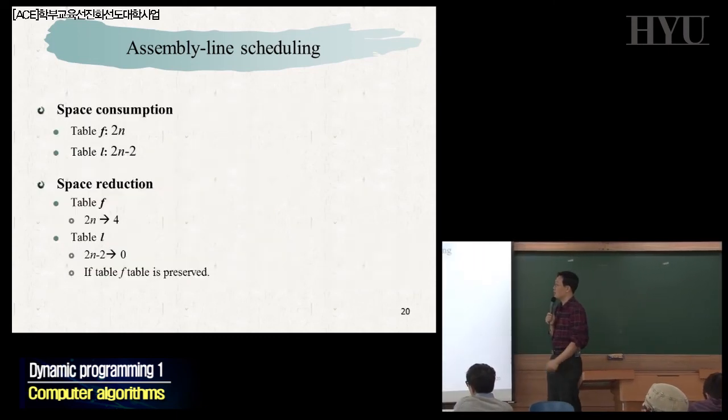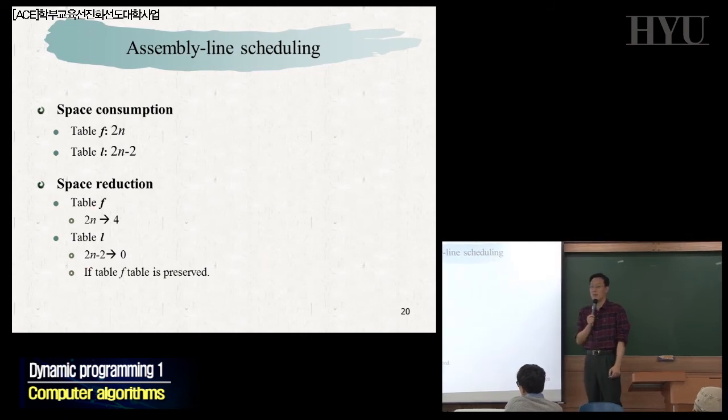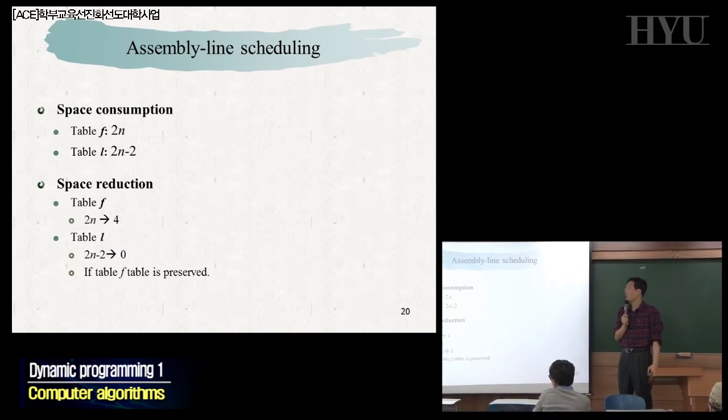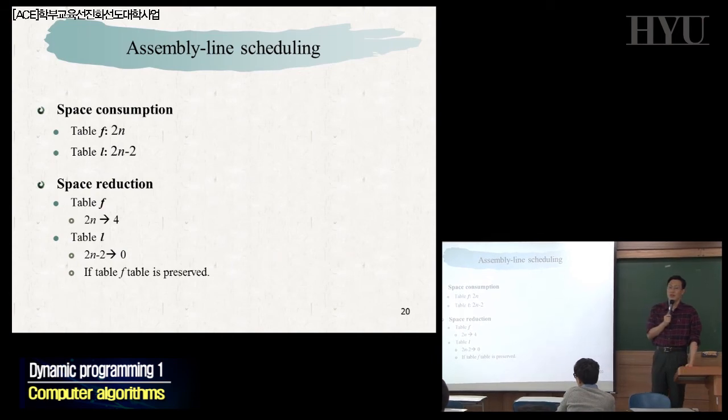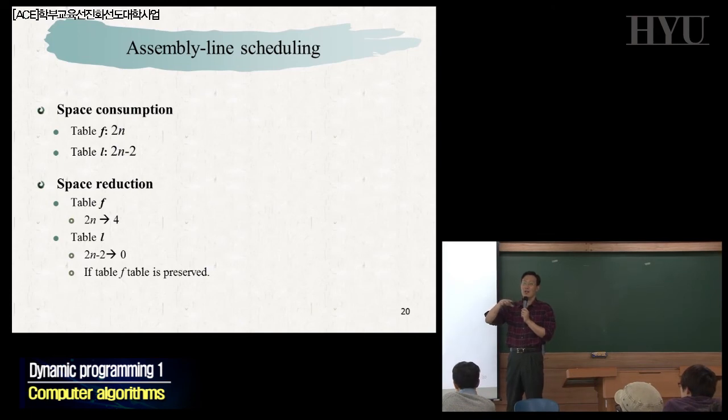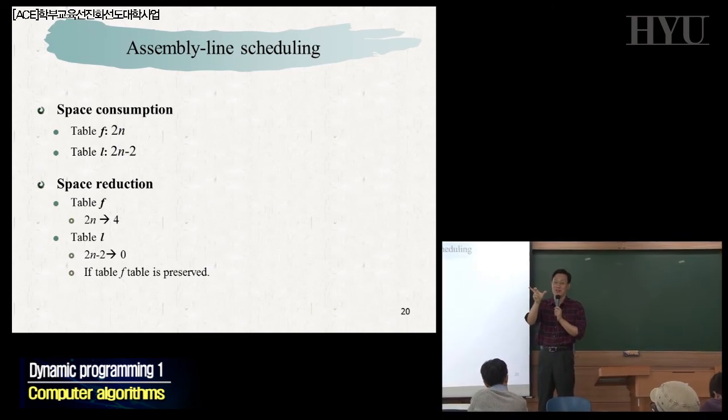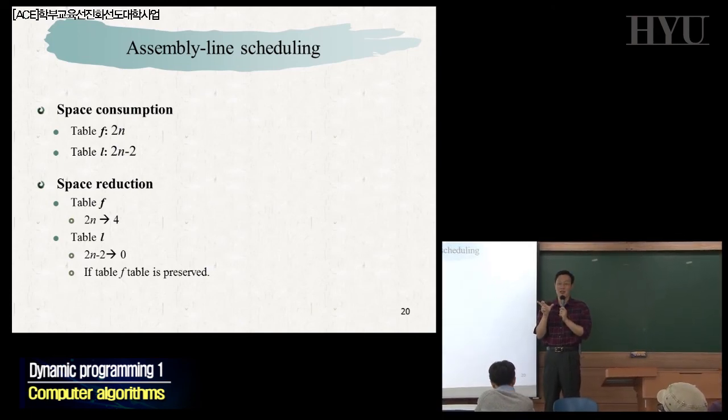Okay, then let's consider the space consumption. Table F requires 2n entries. Why? In assembly line 1, there are n stations. And there are another n stations in assembly line 2. So there are 2n stations in total.